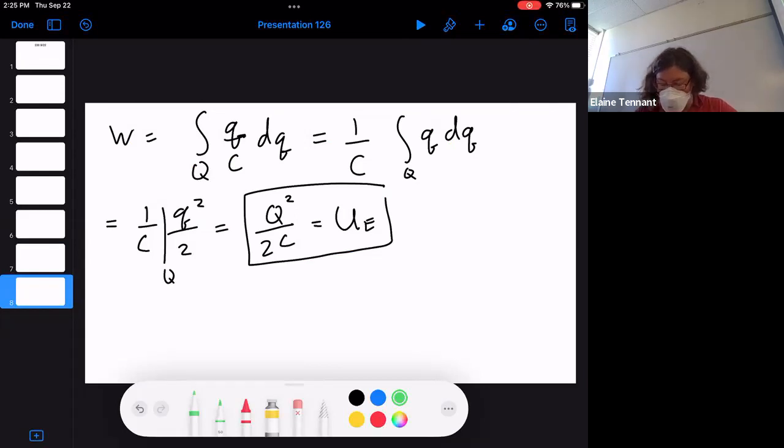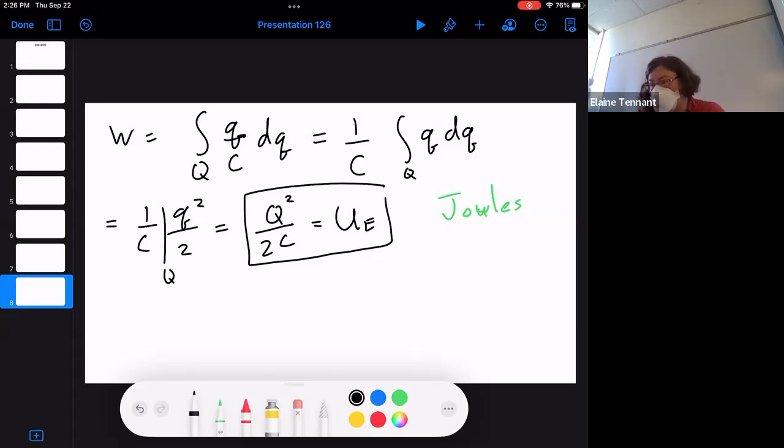The energy in a capacitor is Q squared over 2C. What sort of units would you put on this? What are the units of energy? Joules. Yeah, so you put joules on this. And it is a scalar because it is a potential energy, so no direction to that.